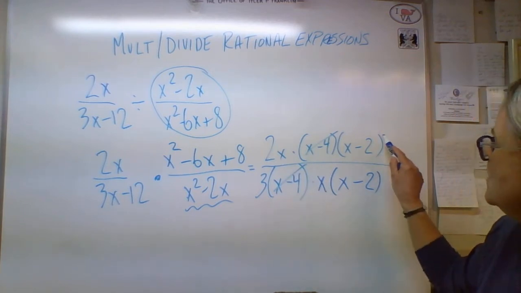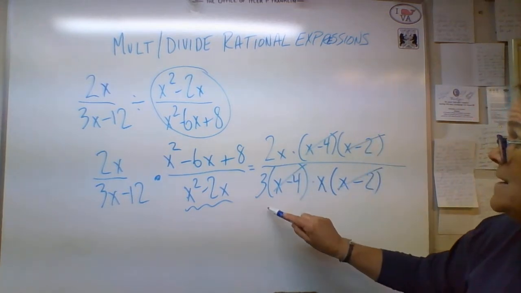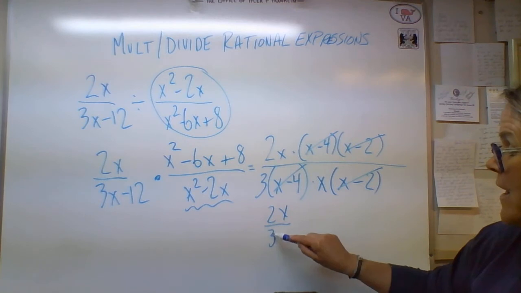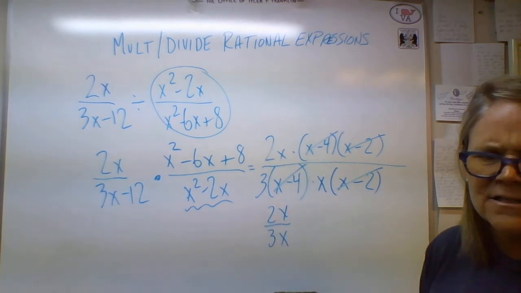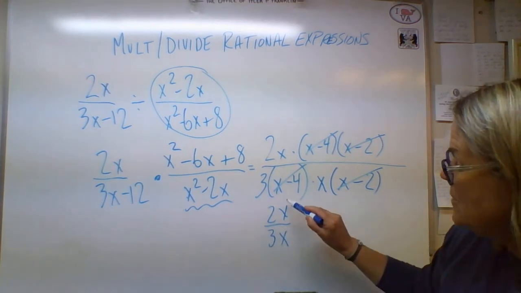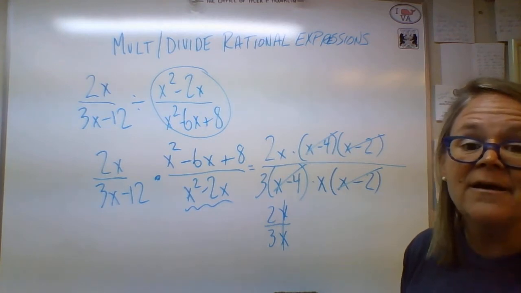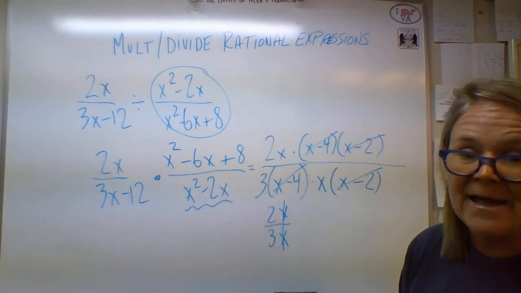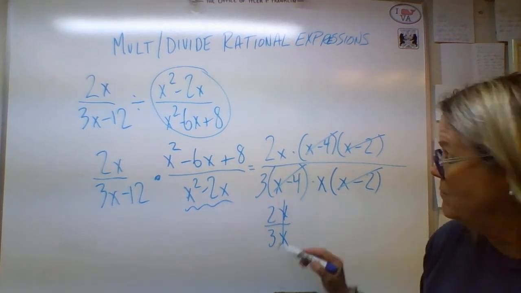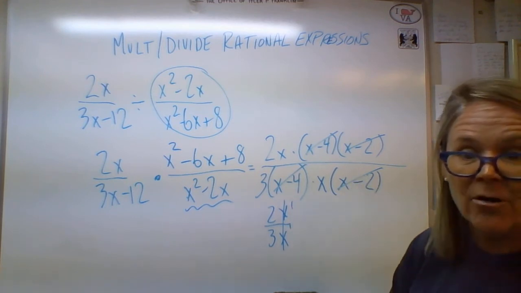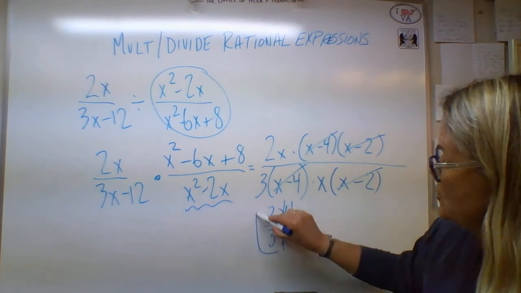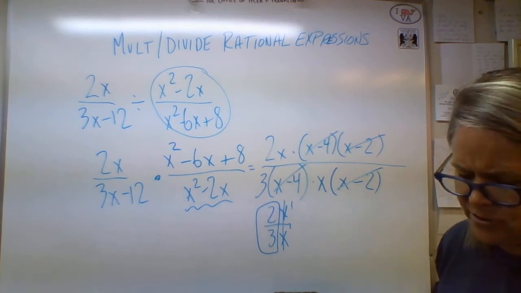X minus 4, x minus 2. Now, you might not see it, and you're like, oh, that's 2x over 3x. Now you can cross those x's off because they're not being added or subtracted. That's an old problem. 1 minus 1 is 0. It's gone. So your answer is just 2/3.